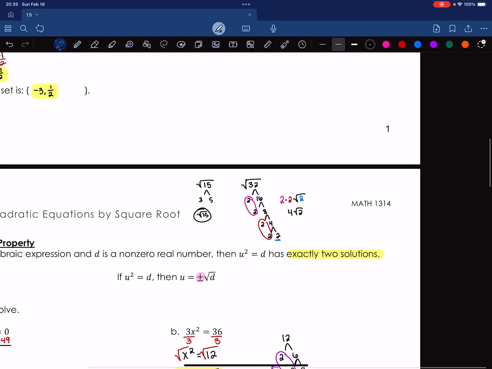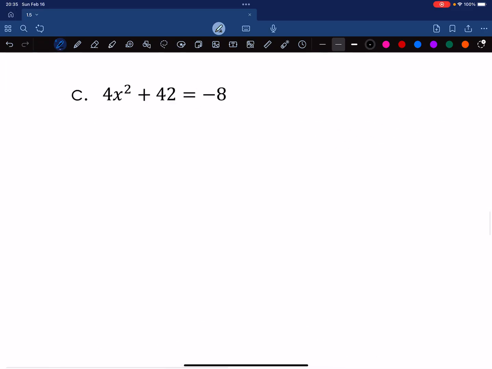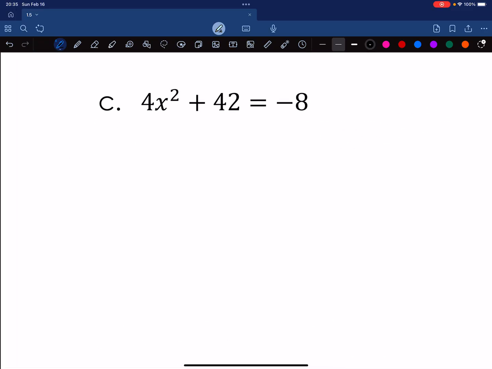Okay, now let's solve some more. So here we go. We have 4x squared plus 42 equals -8. So we want to get everything away from the x squared before we can square root. So we subtract 42 from both sides.